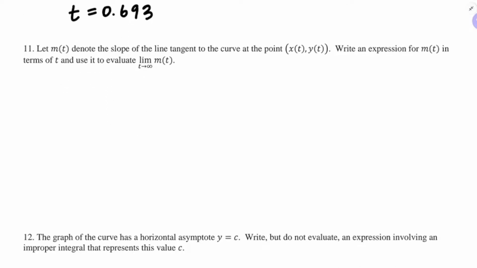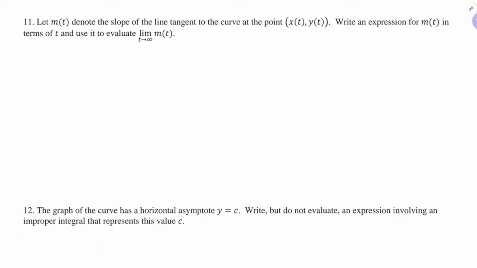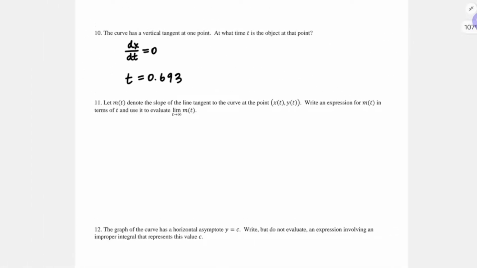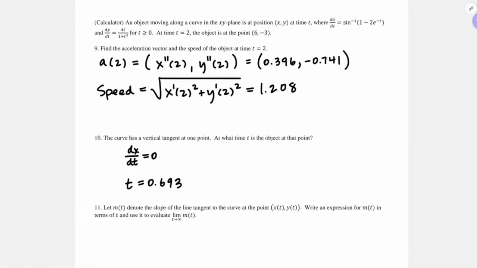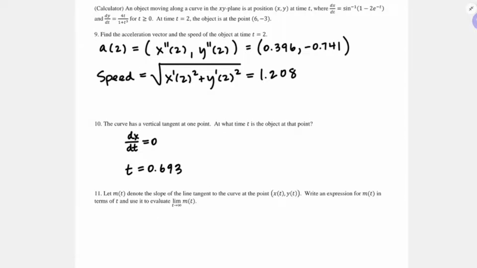Okay. Then we're going to let m of t denote the slope of the line tangent to the curve at the point x of t and y of t. Write an expression for m of t in terms of t and use it to evaluate the limit, just like we did on the last problem. So, all right, we've got dy dt. Okay, that's going to kind of be a lot.